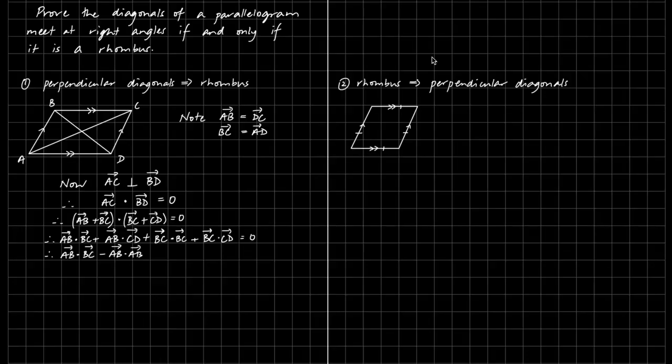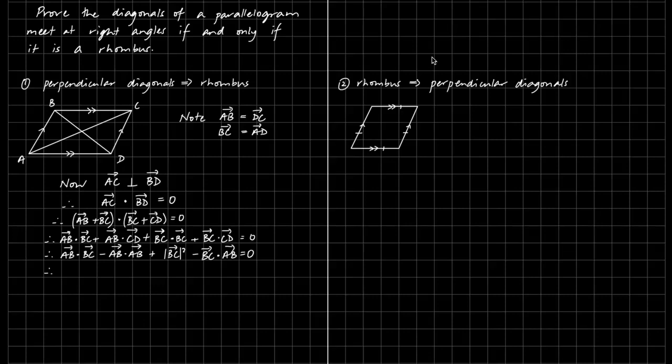So CD is really equivalent to BA, which is the negative of AB. Let me just clean that up slightly. Alright, so there I've said that CD is the negative of AB. Here we've got BC, the dot product of BC with itself is just the square of its magnitude. And likewise here I can say CD is really the negative of AB.